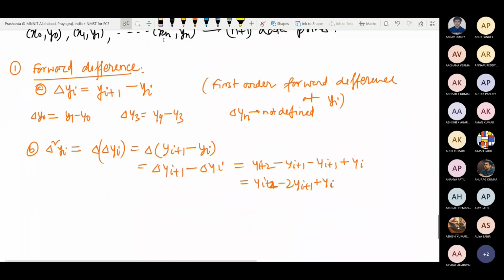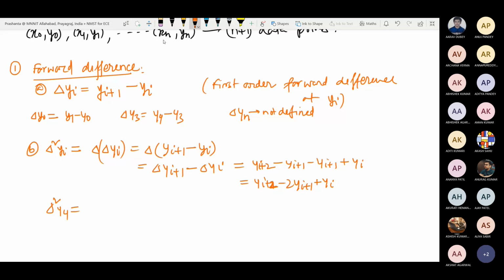What will be del square y4? If you do not remember the formula, you can derive it. Del of y4 is y5 minus y4. So del of y5 minus del of y4. That you can do.